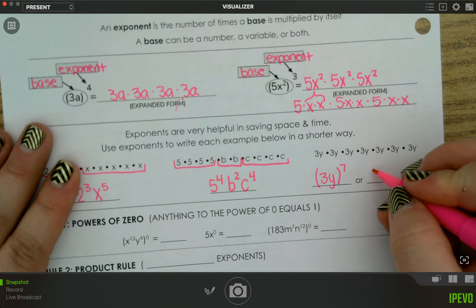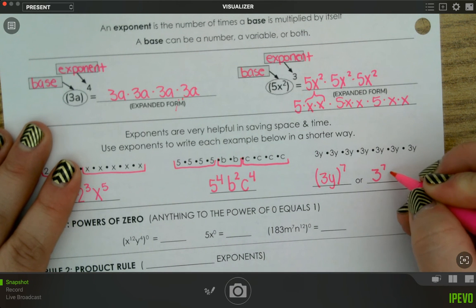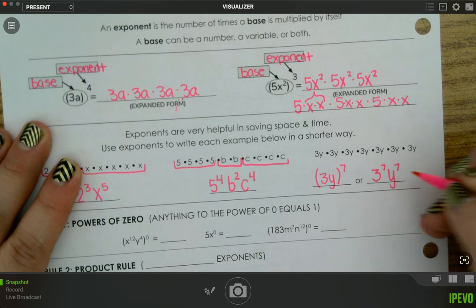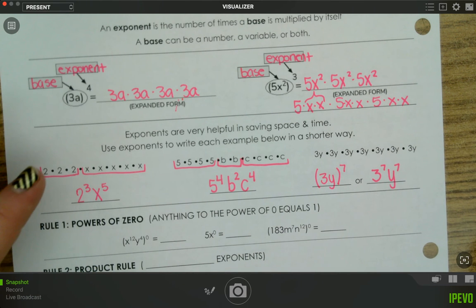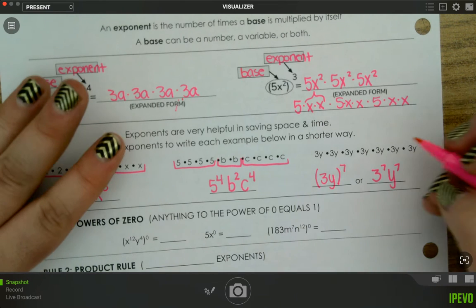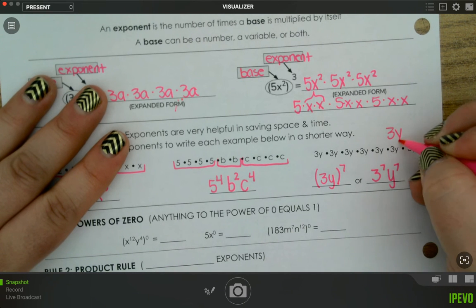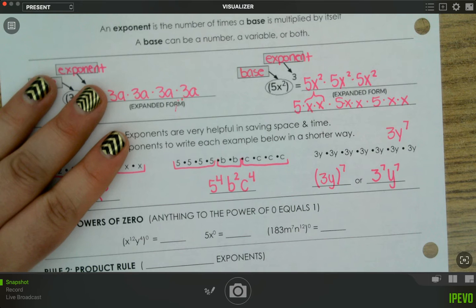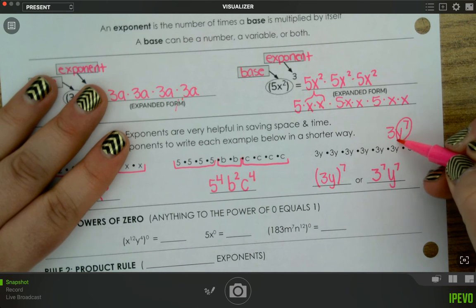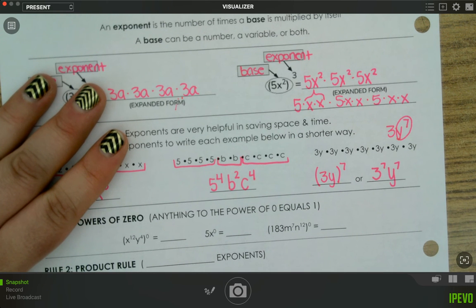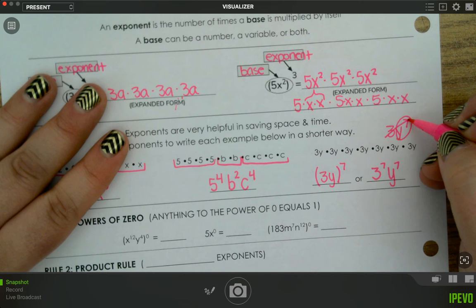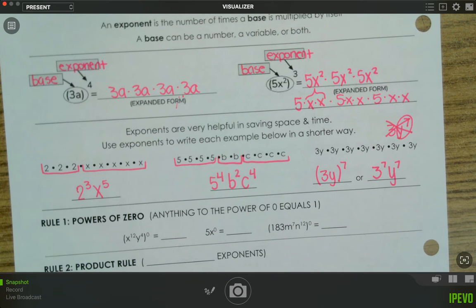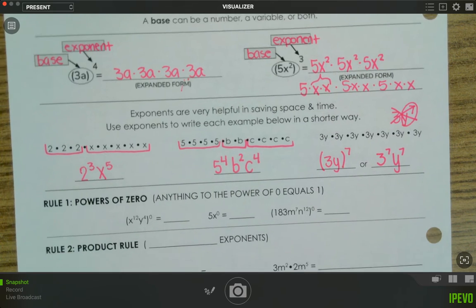You could also write it as 3 to the power of 7 and y to the power of 7, because technically there's 7 3's and 7 y's. The only way you can't write this is like this, because that only says y to the 7th power, not 3, and you need 7 3's as well, so that one's not okay. And what we're going to do is talk about 5 rules that happen with exponents.